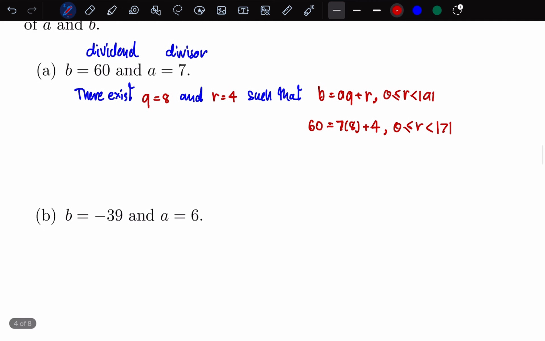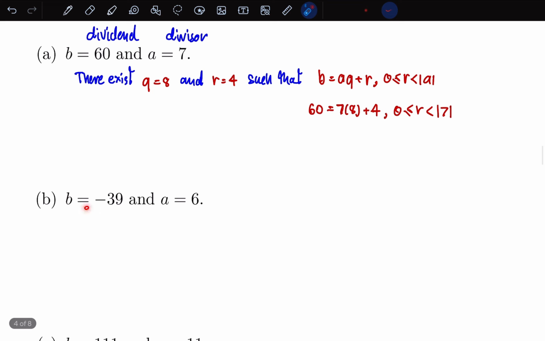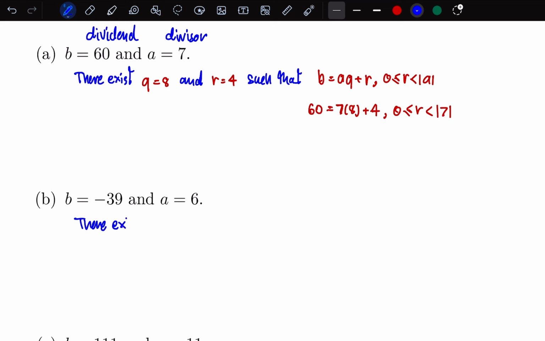Now what about B being minus 39 and 6 is the divisor? So there exists Q equal to which number? When we have minus 39 and A being 6, let's multiply by minus 7.